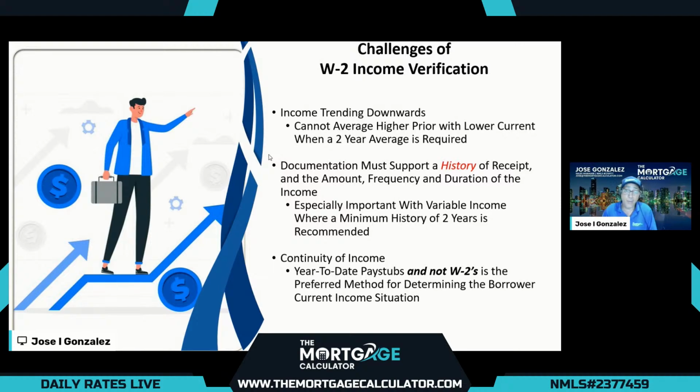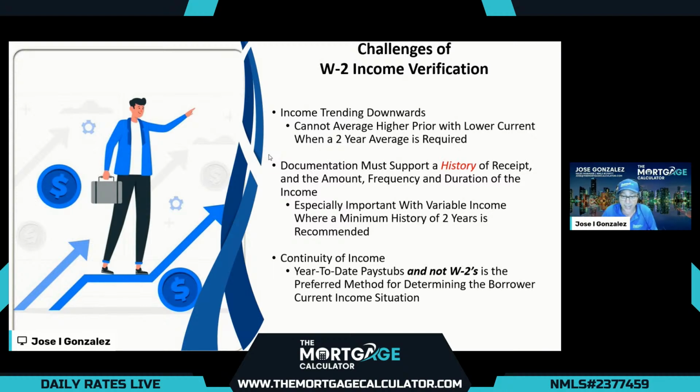So you're almost going to be stuck unless there's some seriously good documentation in the written verification of employment, where you get some nice remarks from the employer that, yeah, the reason why overtime was lower in 2023 was because of X. Maybe they had a difference in how they calculated payroll or how they set it up. But now in 2024, we're back to how we were before.